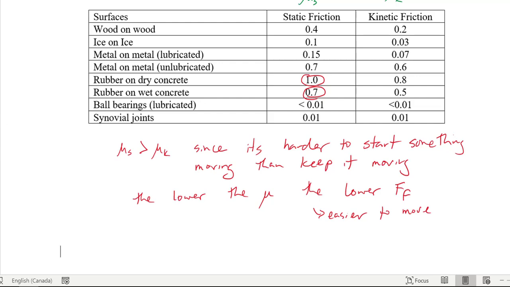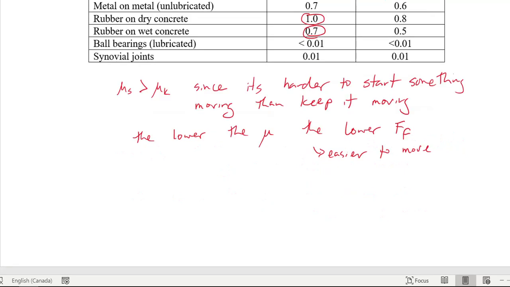So let's try an example of how we would use friction. The first thing we do before that is figure out what mu is. Mu is a ratio between the force of friction and the normal force. So if we're looking at the coefficient of friction, this unit is in newtons, this unit is in newtons, and the units cancel, and therefore mu is unitless.